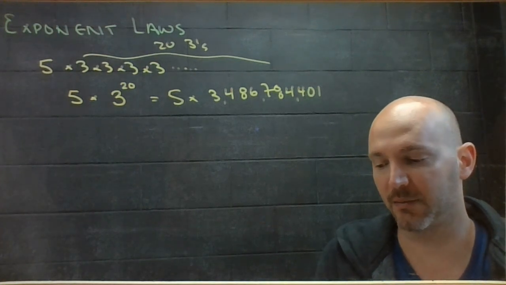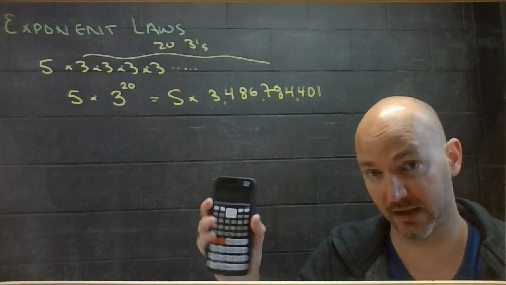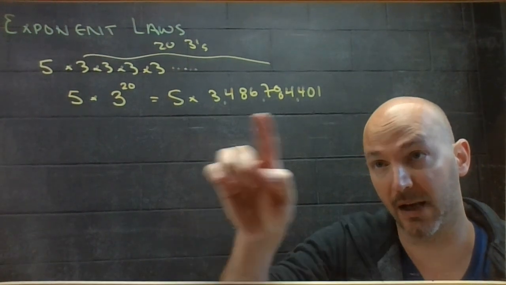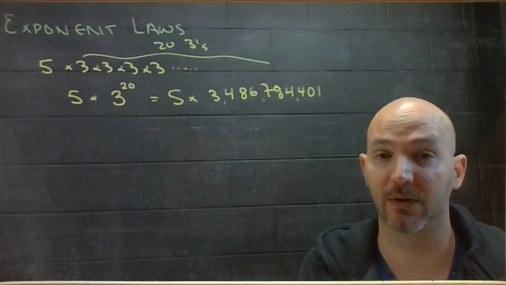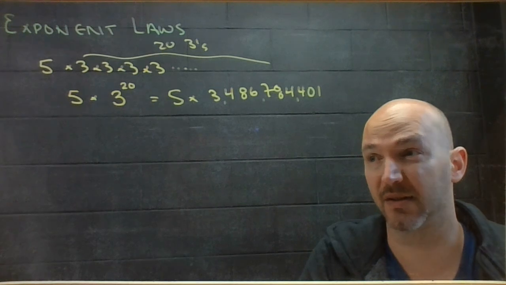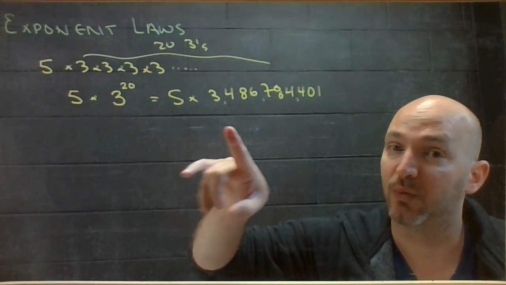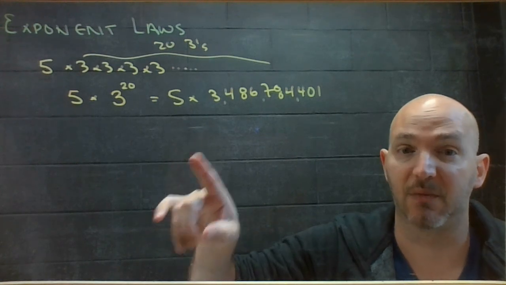Now, if you can imagine having to type times 3 times 3 times 3 into this machine until you got up to that number, it would take forever. And this took about 6 seconds. So this exponent notation really speeds up repetitious multiplications.